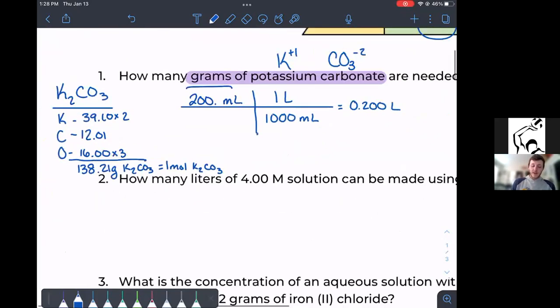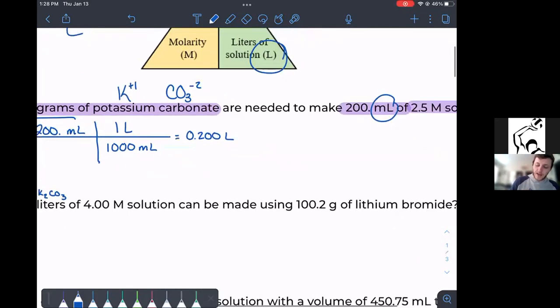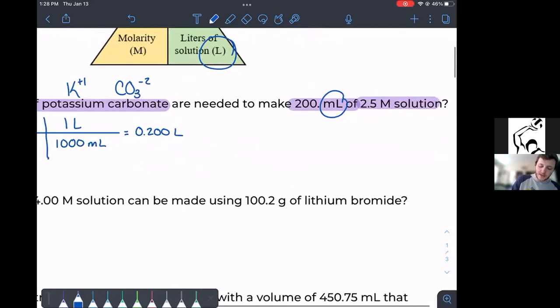So we're going to use the molarity equation, molarity equals moles over liters, to solve for the moles first. We know that a 2.5 molar solution is equal to some number of moles divided by 0.200 liters.